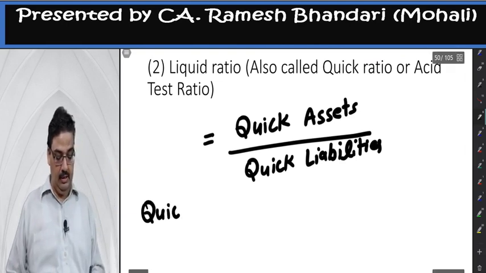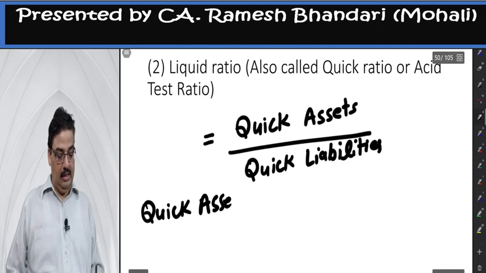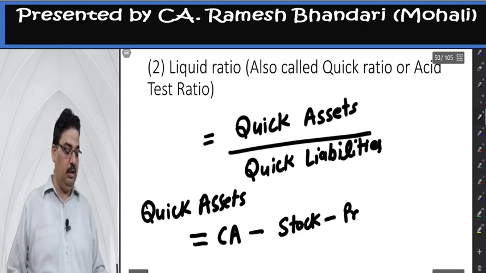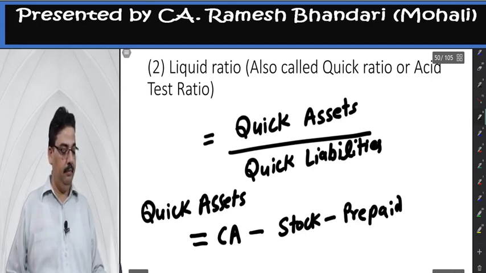Now, what is quick assets? Quick assets is equal to current assets minus stock, primarily stock, minus prepaid expenses if any.